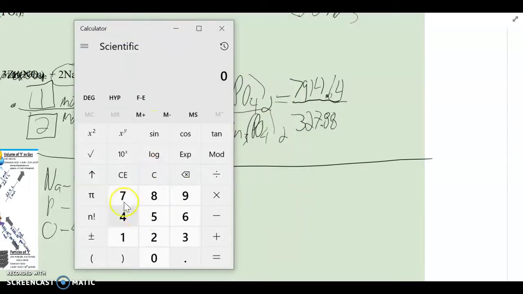The moment we've been waiting for, 7914.64 divided by 327.88 equals 24.14.